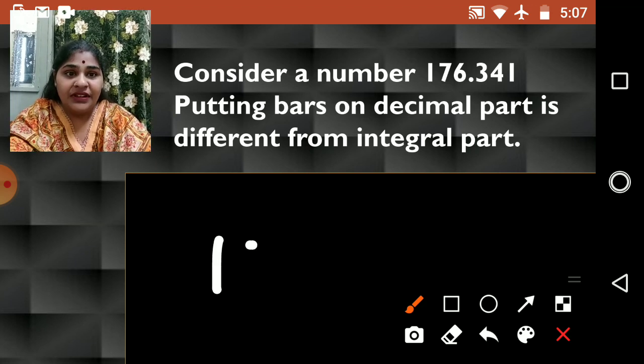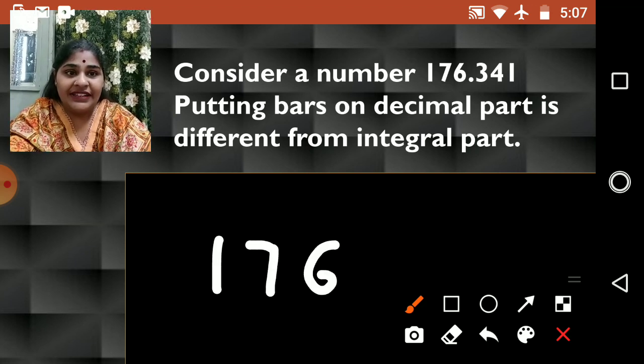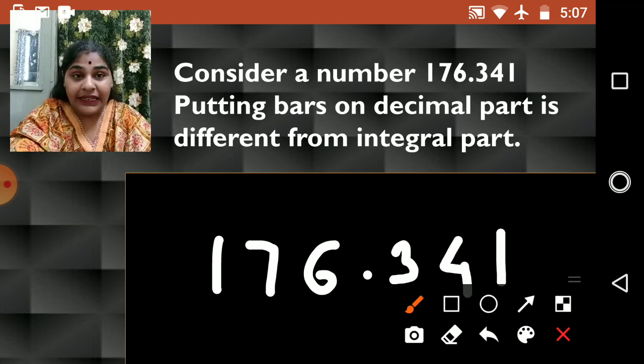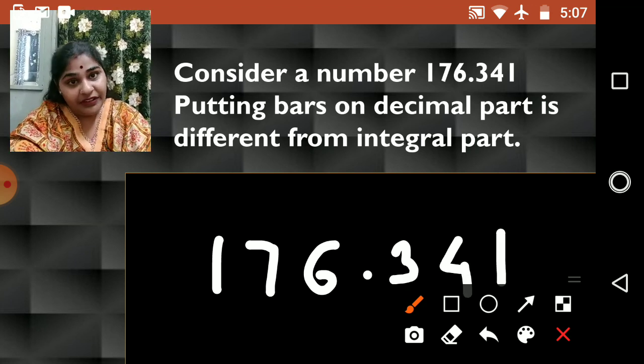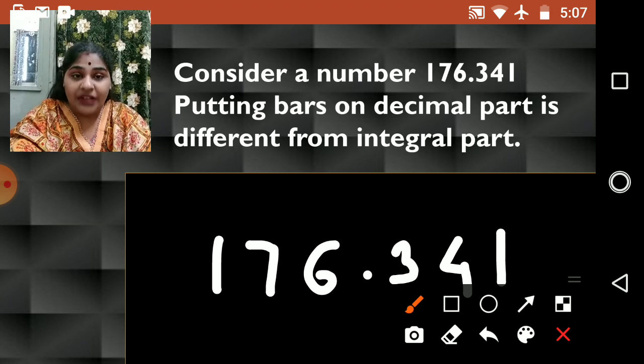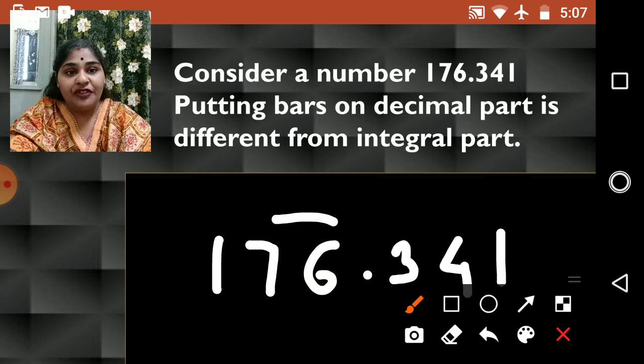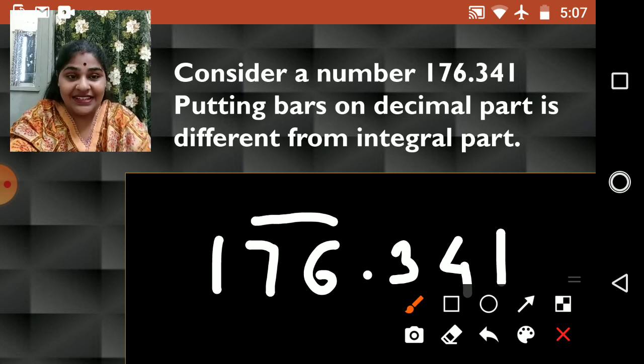So the number is suppose 176.341, children, right? So integral part we have already seen. So you start pairing from units place, that is ones place. So my first pair will be 76 and the remaining one is 1.